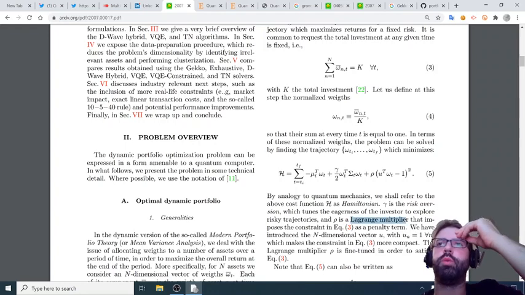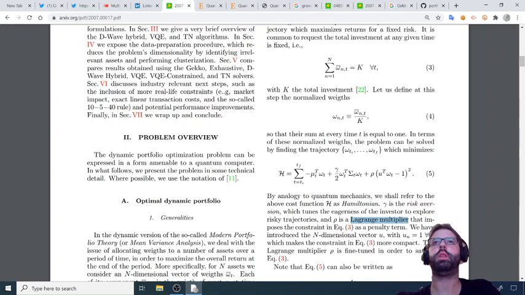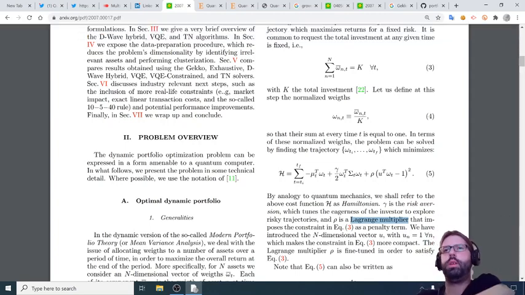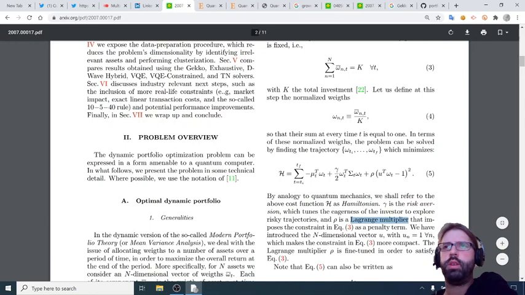What is a Lagrange multiplier, first of all? Why do they call it this way? So this is supposed to impose these. So basically what it does is, where U sub n equals 1.